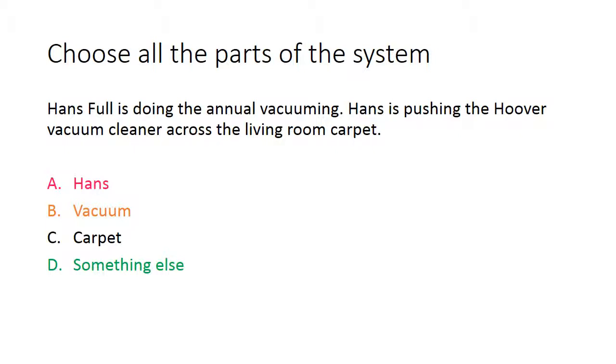In this case, because if it's only an annual vacuuming, there's probably a lot of stuff on the floor. I'd say that maybe the mass of the vacuum is changing, and as we'll see later, that might affect how it moves. So we might have to consider that. In this class, we'd only ever do that conceptually, not mathematically.